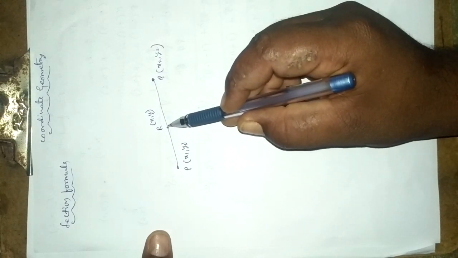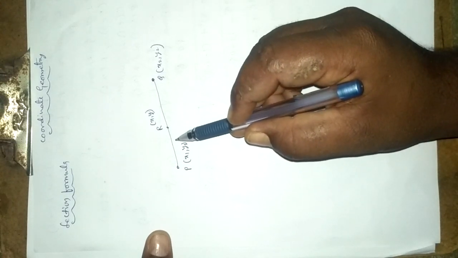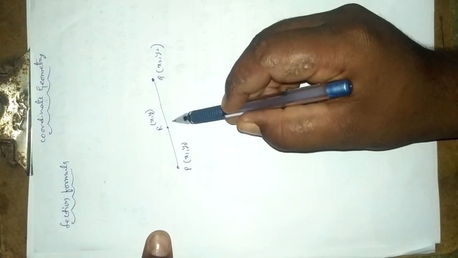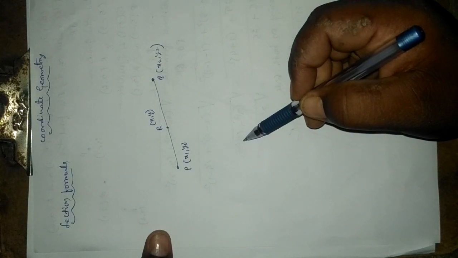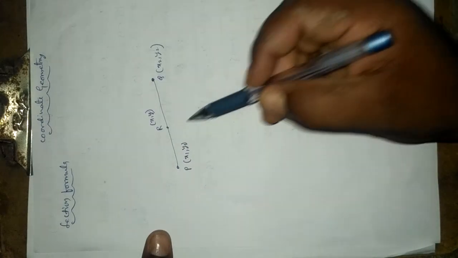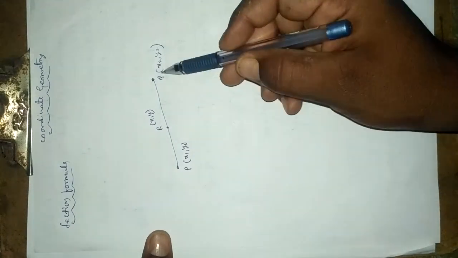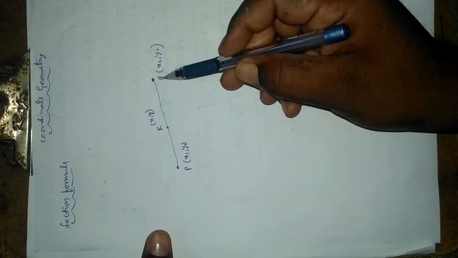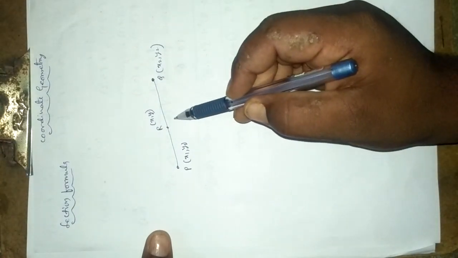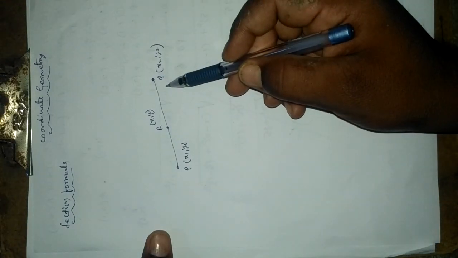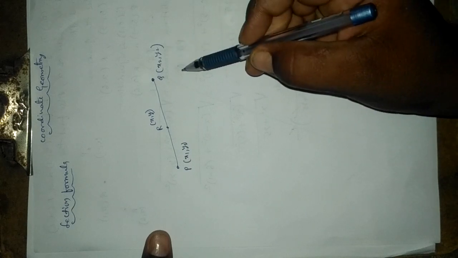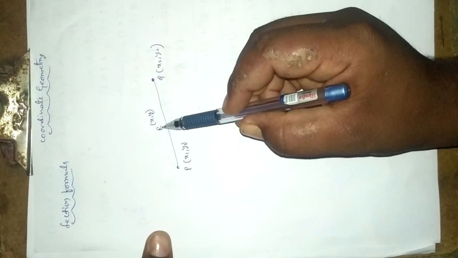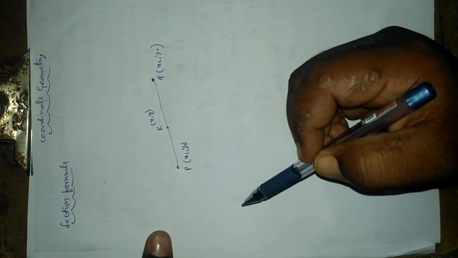To find the coordinate of R with the help of the ratio of PR and RQ, we need the section formula. In this formula, if you know the ratio of PR and RQ, and with the help of coordinates P and Q, we can find the coordinate of R.